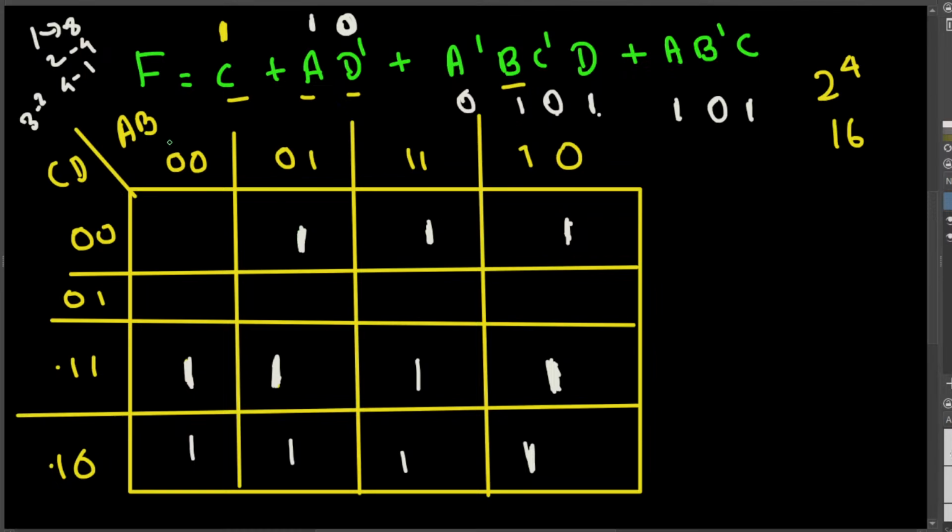Okay, A is 0, B is 1, this whole column, and then C is 0, that is these 2 rows, but D has to be 1.